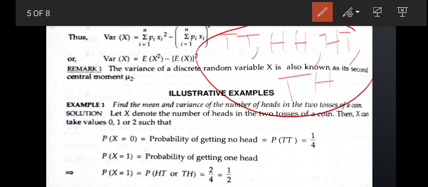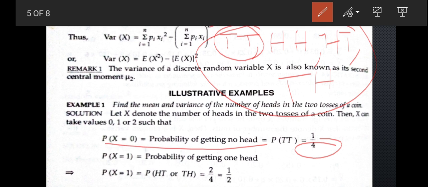So the total number of outcomes is 4, and out of this we first have to find the probability of getting no head. The probability of getting no head, that is tail-tail, occurs 1 time only, so the probability will be 1 by 4. Similarly, for the probability of getting one head, it occurs 2 times: head first then tail, and tail first then head.